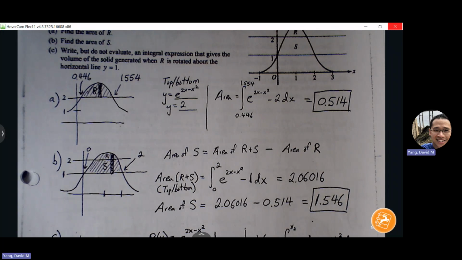For part C, it says, write but do not evaluate an integral expression that gives the volume of the solid when R is rotated about the line y equals 1. So here I have region R. Rotate that about the line y equals 1.